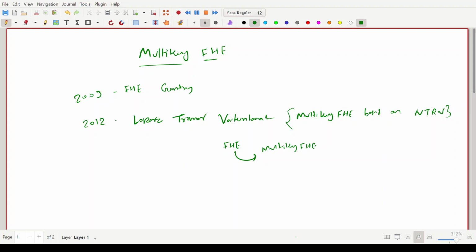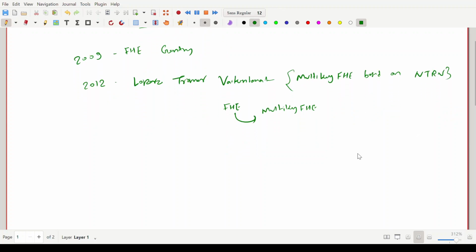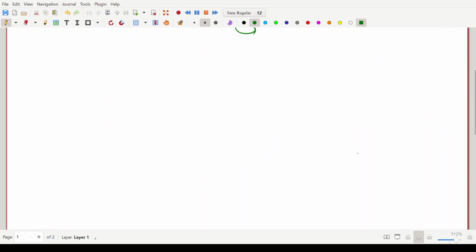Before that, let us see some hard problems which we'll be using, and later on I'll also be defining them. Let us first start with learning with errors.